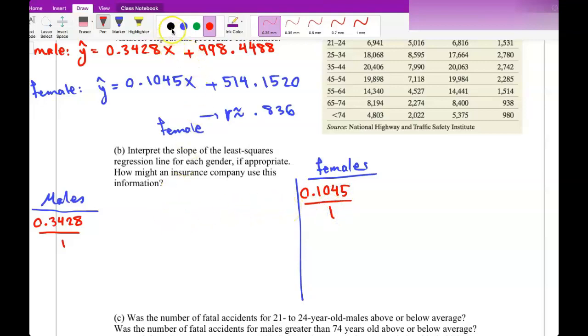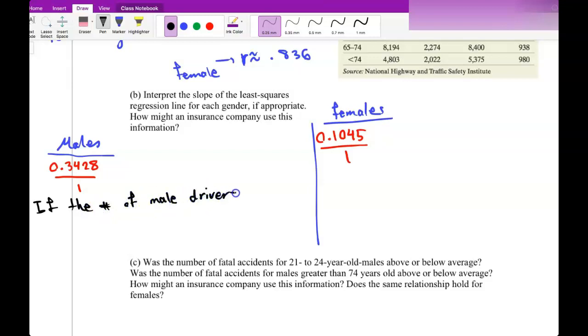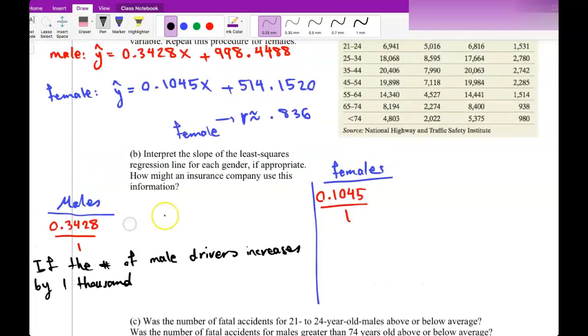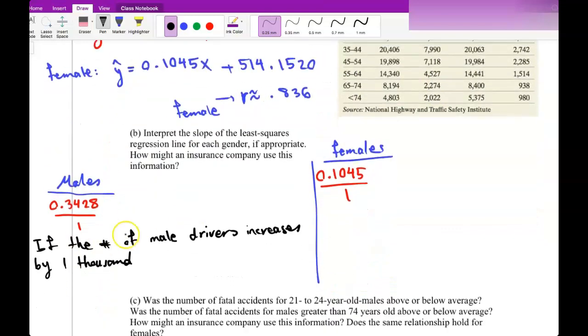So what that means, if the number of male drivers increases, because we have a positive number, increases by 1,000, here we have thousands.